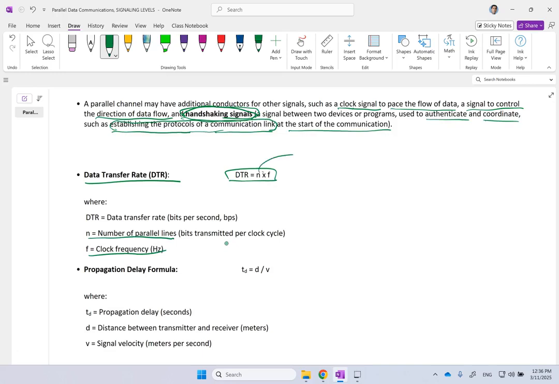So if you have 8 lines and each line is taking 1 bit, and your frequency is, let's say, 16 megahertz, then it is going to be 8 times 16 mega. Since it's bits per second, or BPS, this is 128 megabits per second. That is the data transfer rate.